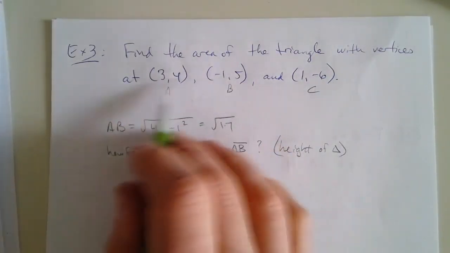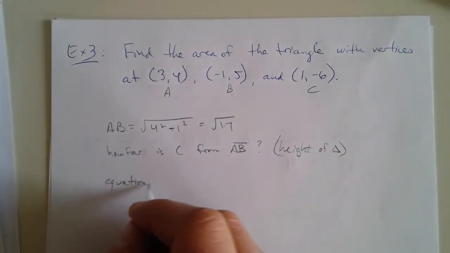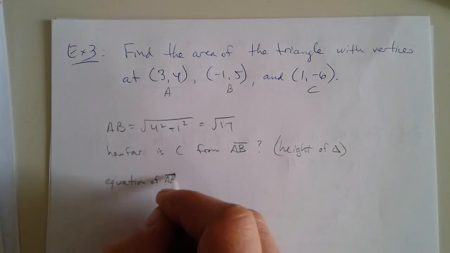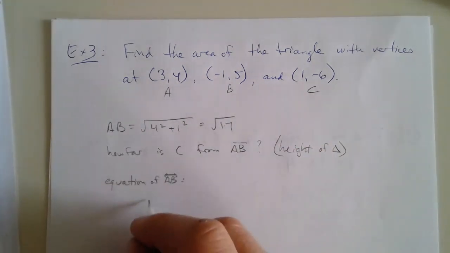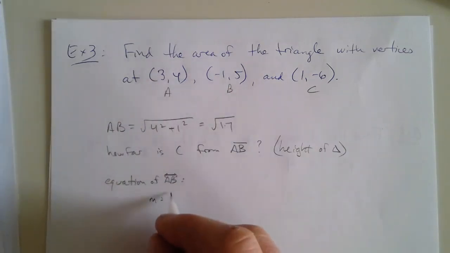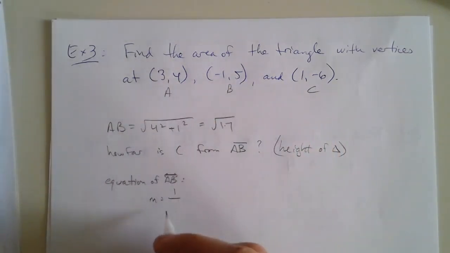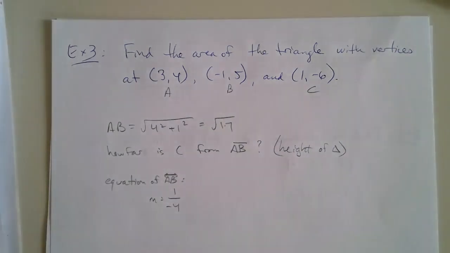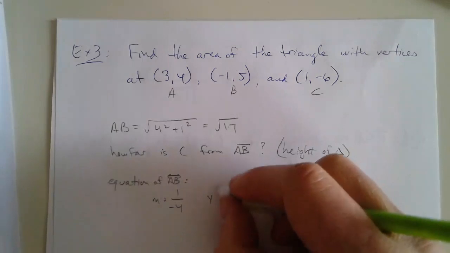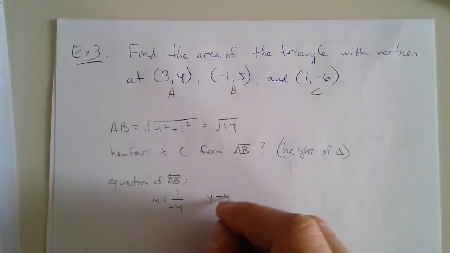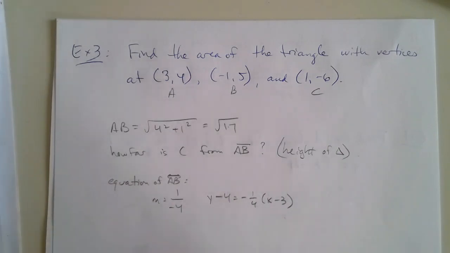If I get the equation of line AB, my slope there is rise 5 minus 4 is 1, run -1 minus 3 is -4, so there's my slope, -1/4. For the equation, I'll pick this point, so y minus 4 equals -1/4 times x minus 3, and then I'll put it into general form.